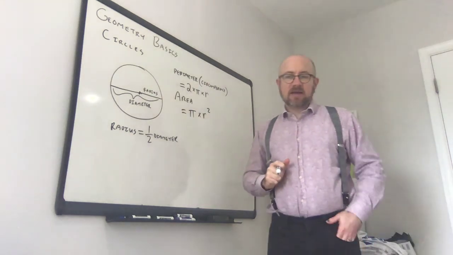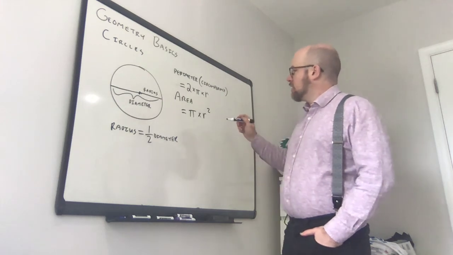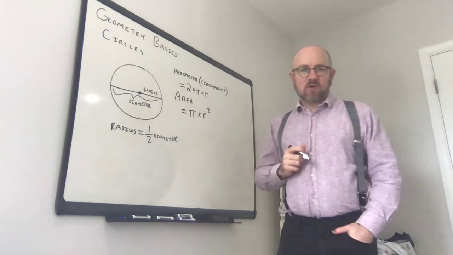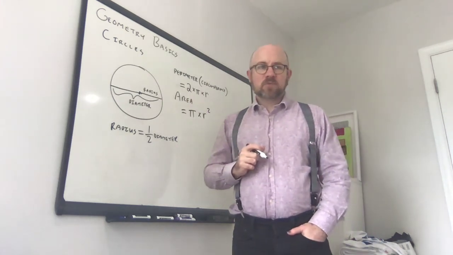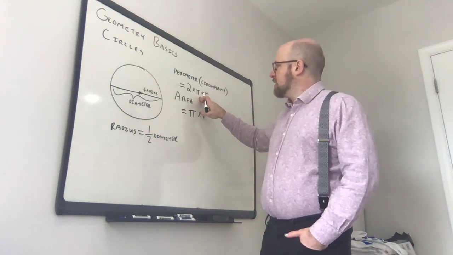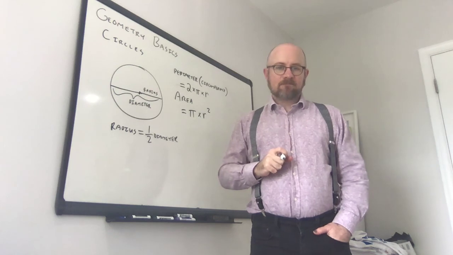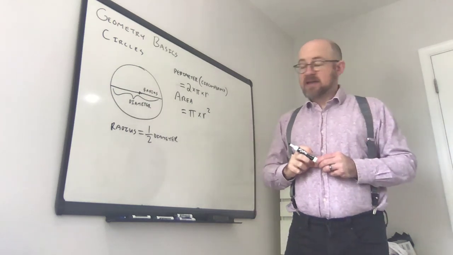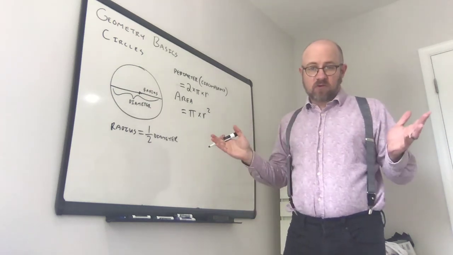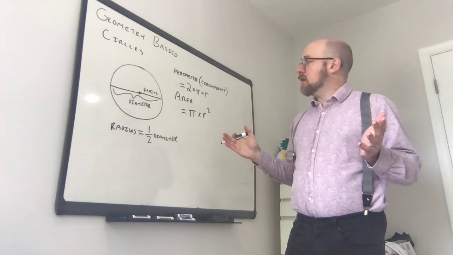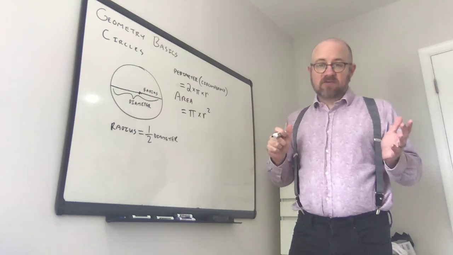So you take pi times the radius squared. r here is the radius in both cases. So 2 times pi times r will give you the perimeter. Pi times r squared will give you the area. Pretty basic. Just use those formulas to find the perimeter and the area of the circle.